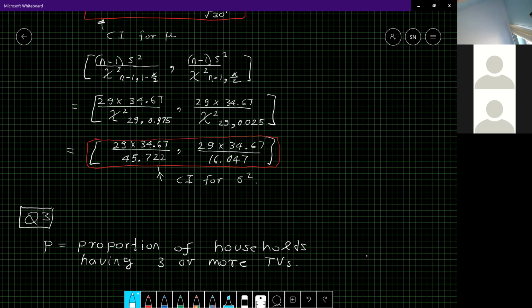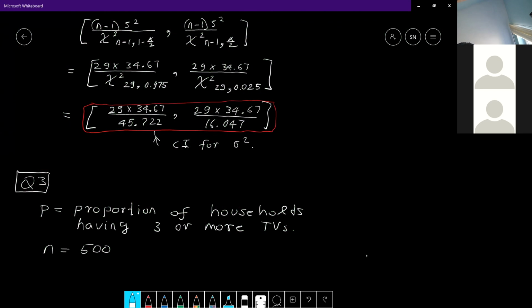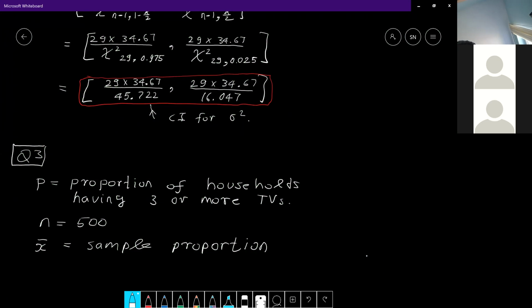We want to find the confidence interval for P, and we are told that n is equal to 500. Out of that, 80 of them have 3 or more TV sets. So the sample proportion, remember X bar is the sample proportion, is the number of households that have 3 or more TV sets divided by the total number, which is 500.